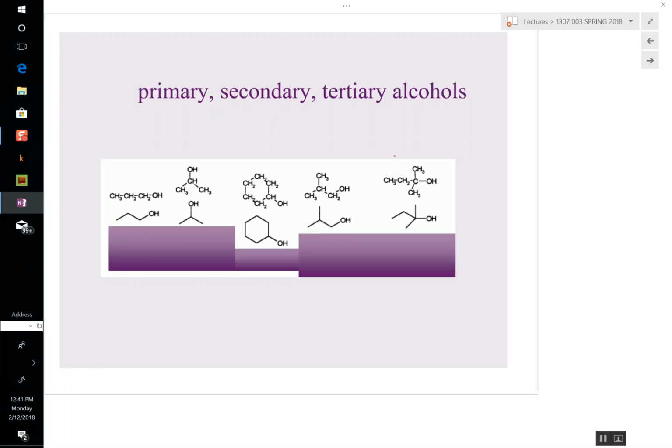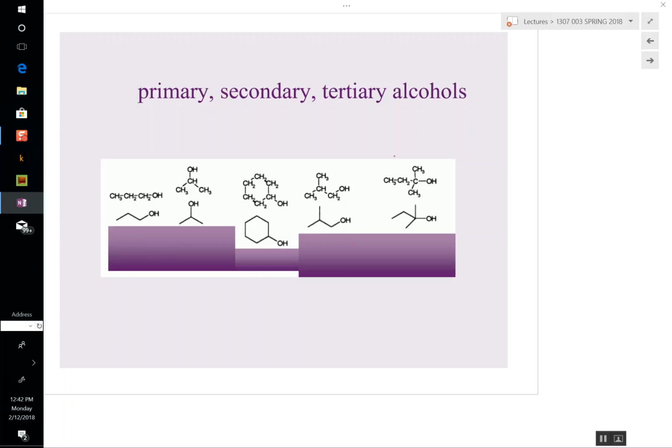So here, it's not very big, but I'm having a hard time expanding my screen. Can you see where that OH is? Where is that OH? Well, 1, 2, 3. Oh, third.